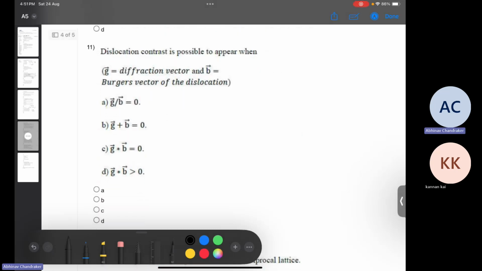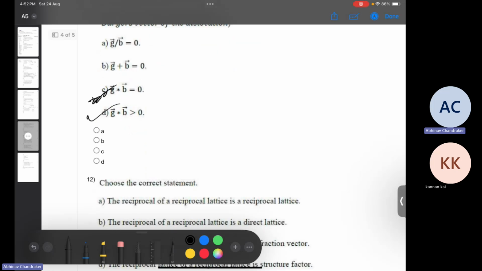Now, when will dislocation contrast be visible? Sorry, dislocation contrast will not be visible if G dot B is equal to 0. It will be visible if G dot B is non-zero, that is, more than 0.